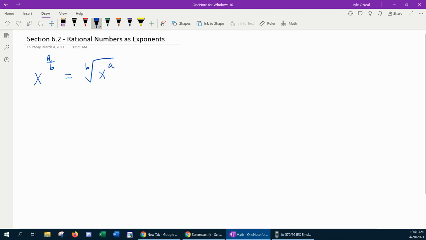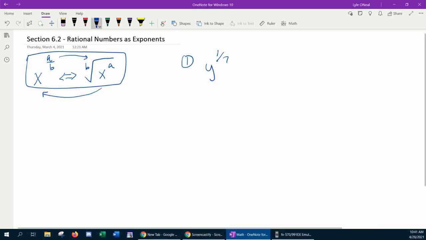This is a formula that you need to know, and it does go both ways. You can go from a radical symbol to a fractional power, or from a fractional power to a radical symbol, based on what you need. And that's pretty much it for formulas. Let's jump into the examples.